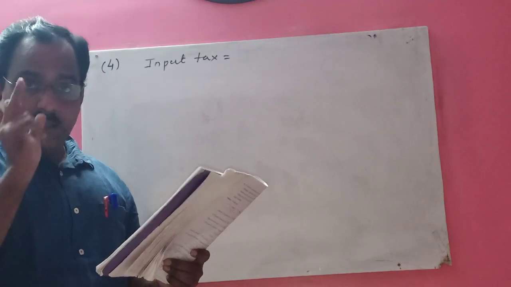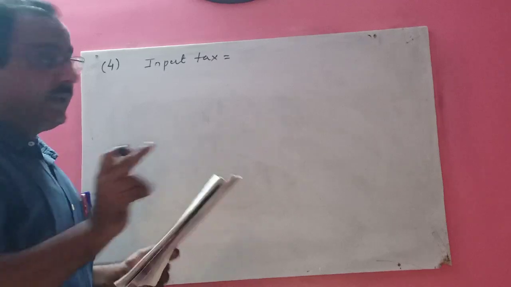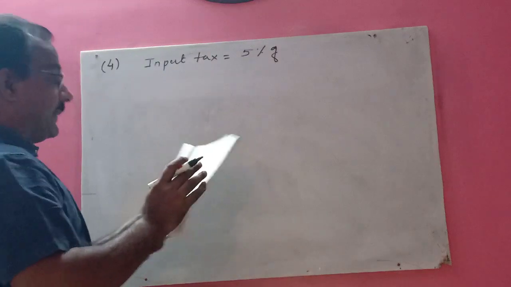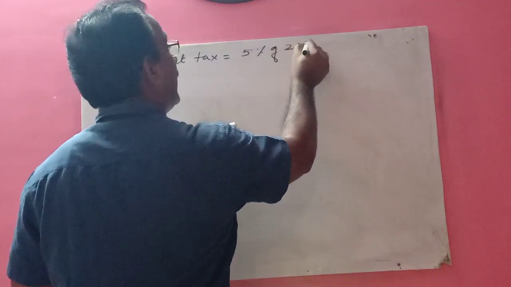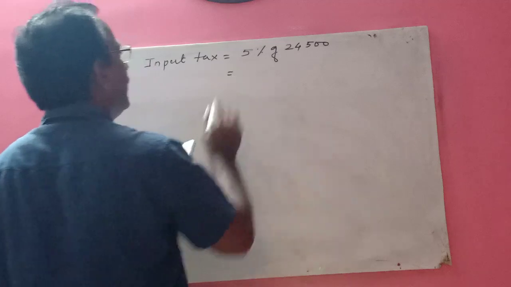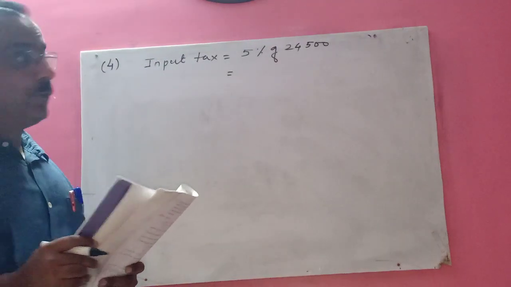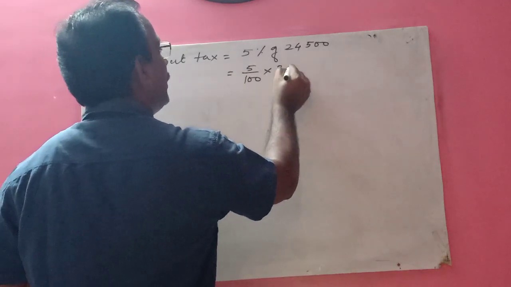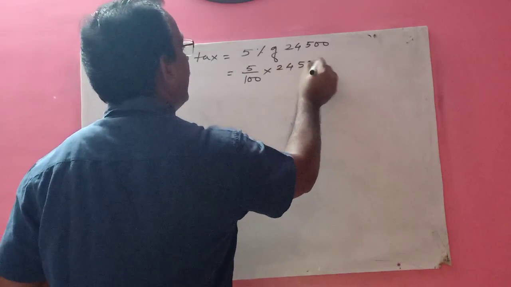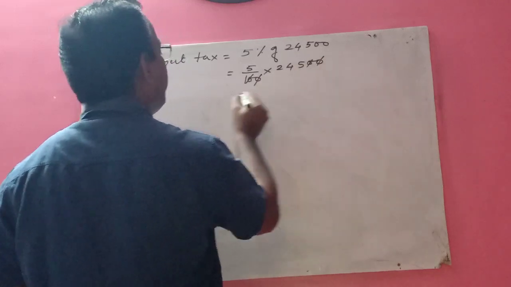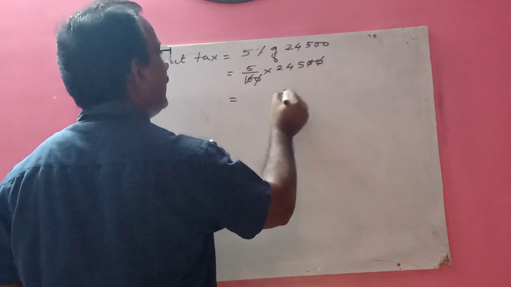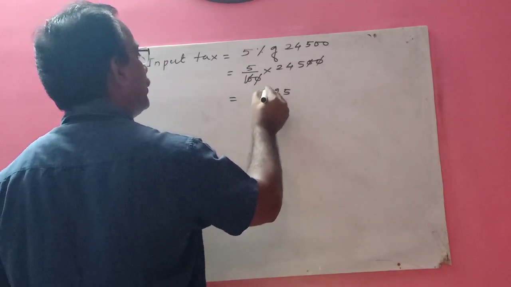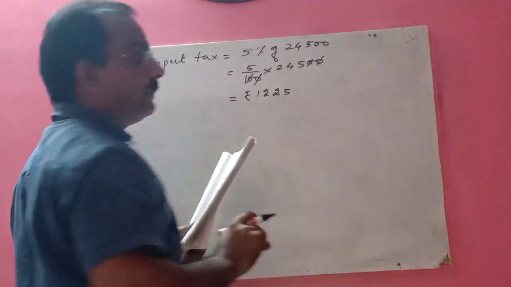The purchase price is 24,500. Input tax is 5% of 24,500, which means 5 upon 100 into 24,500. These two zeros get cancelled and multiply. 5 5s are 25, 5 4s are 20, 22. 5 2s are 10 and 2, 12. So this is your input tax.